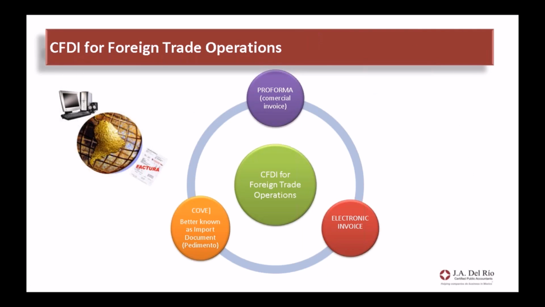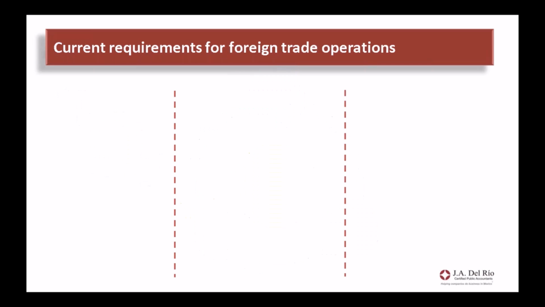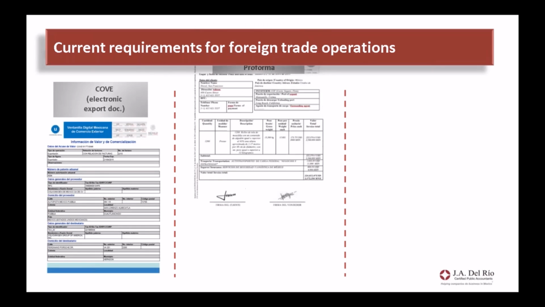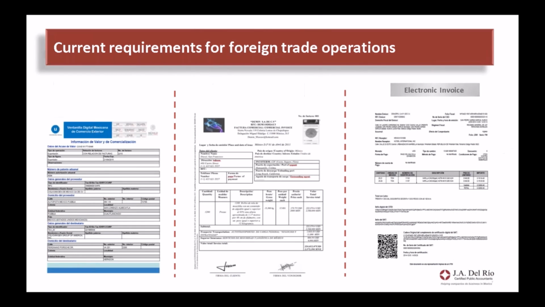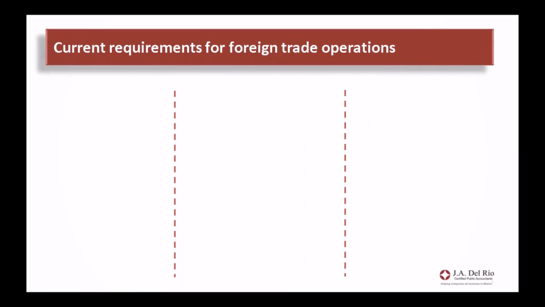Okay, this slide that you are watching right now shows in general terms what is currently needed to make an export out of Mexico. Let me explain a little, or dig a little bit deeper, in the following slide. Currently, you need 3 things to make an export.